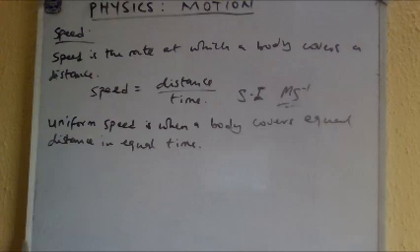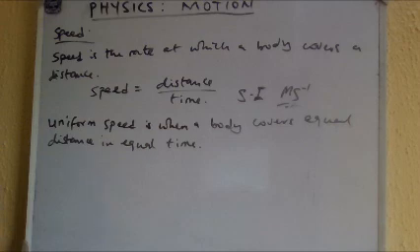Now, velocity is the rate of change of displacement. You know, we defined displacement as having a particular direction. So when they are saying a body is going so and so northeast, that's displacement. The difference between displacement and distance is that displacement is directional, while distance is not. Distance can be any description, in any direction.